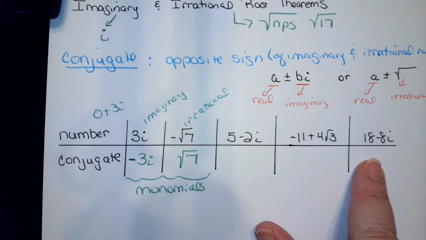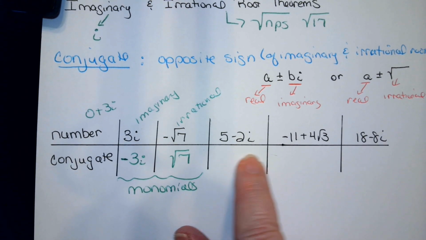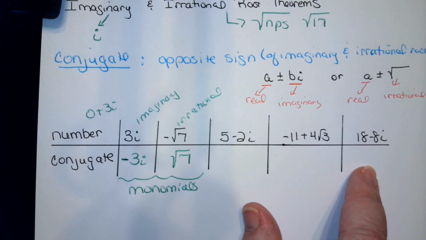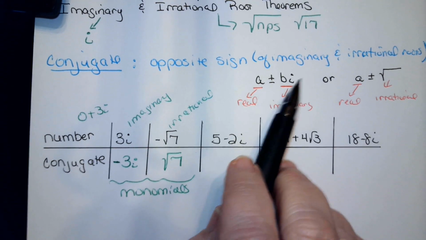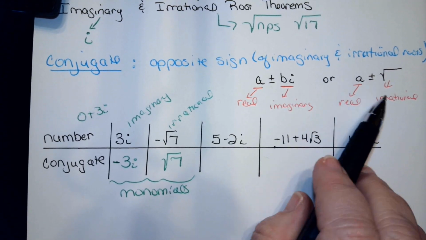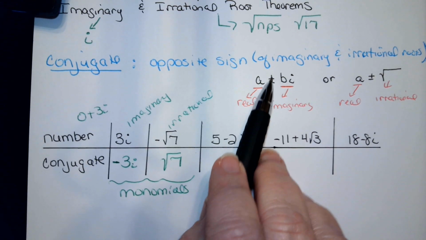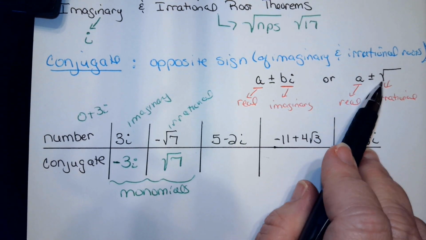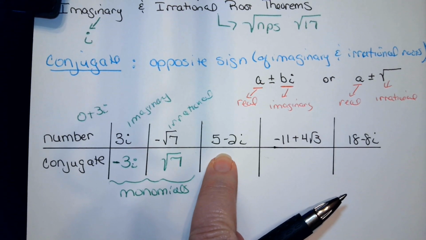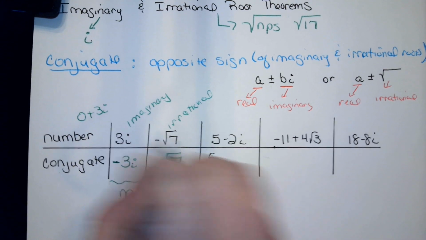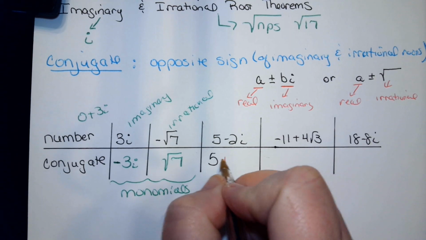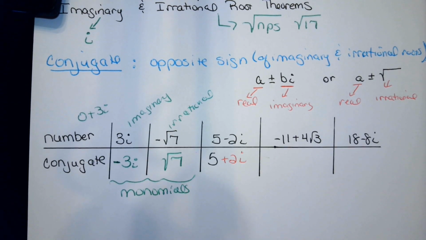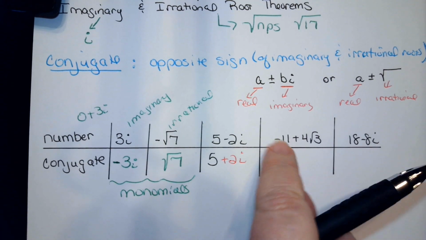Right here we have our binomials because each one has 2 terms. Again, remember I said that we only look at writing the conjugate of either the imaginary part or the irrational part, because it says positive negative of bi or positive negative square root. So for this one, we would have 5, and instead of minus 2i, we would have a plus 2i. For our next one, the real part stays the same.